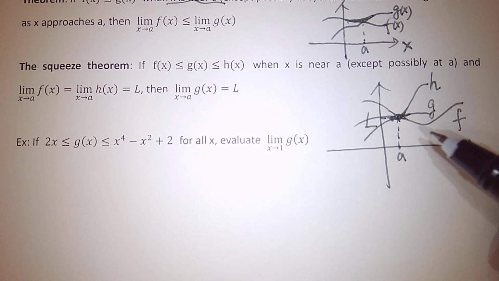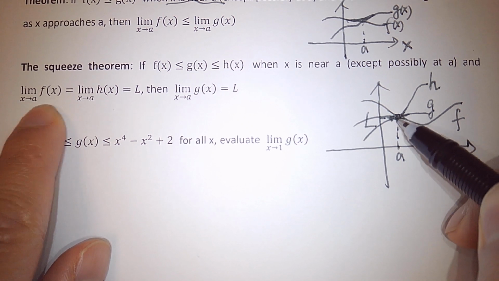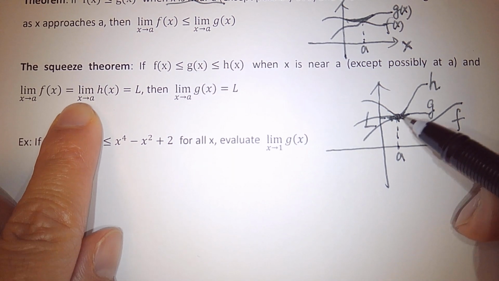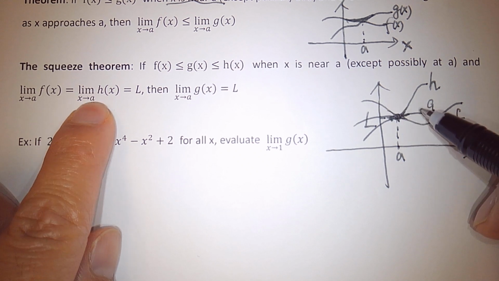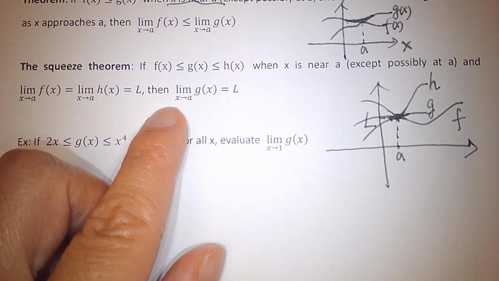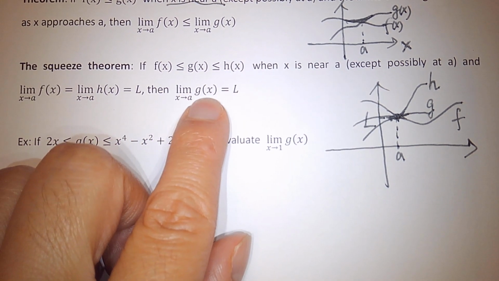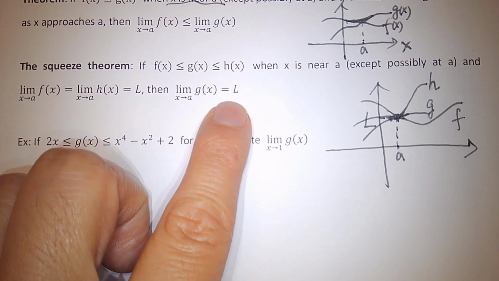We don't care, but we know that when x approaches a from both sides, the limit of f equals the limit of h. And f is the lowest one, h is the highest one. Then the squeeze theorem is telling us the limit of the middle function g when x approaches a must also equal what? L. It's like a sandwich.